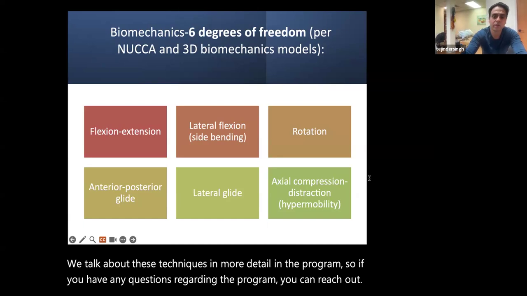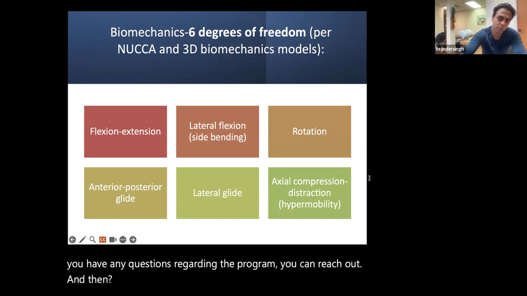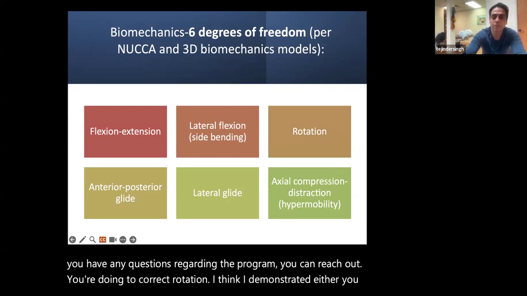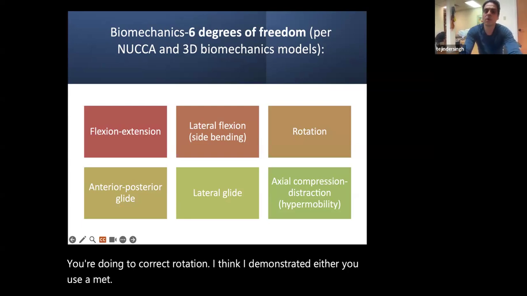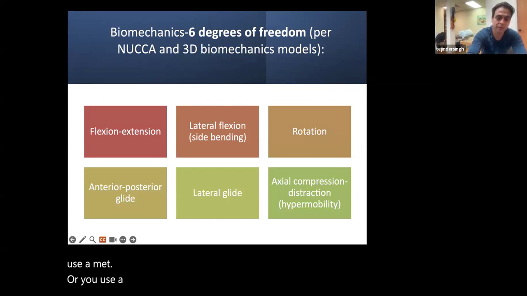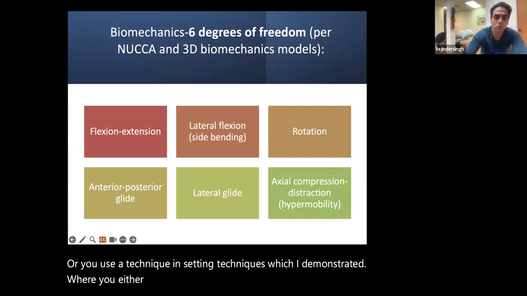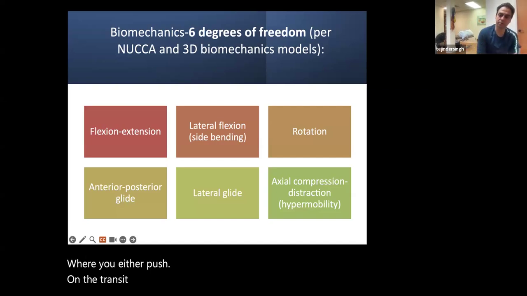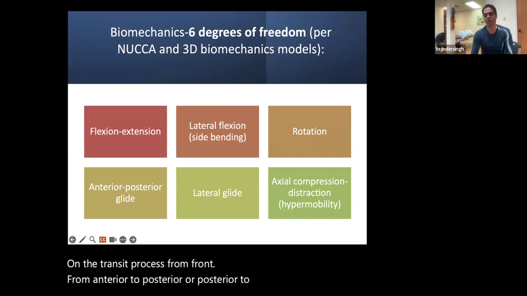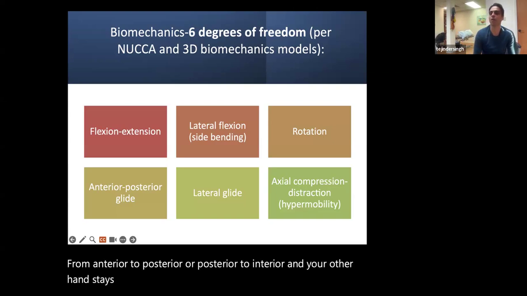And then to correct rotation, I think I demonstrated either you use a MET or you use a technique in sitting, which I demonstrated, where you either push on the transverse process from anterior to posterior or posterior to anterior, and your other hand stays on the occiput, and you basically glide that.